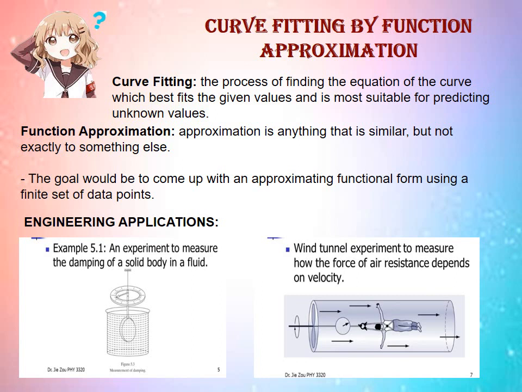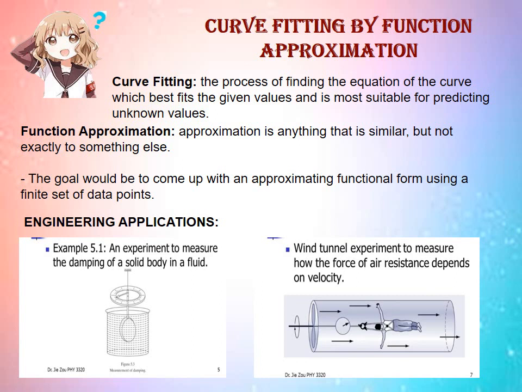Next is function approximation. Function approximation is anything that is similar but not exactly the same as something else. It is also known as the function approximation problem. It asks us to select a function among a well-defined class that closely matches a target function in a task-specific way.